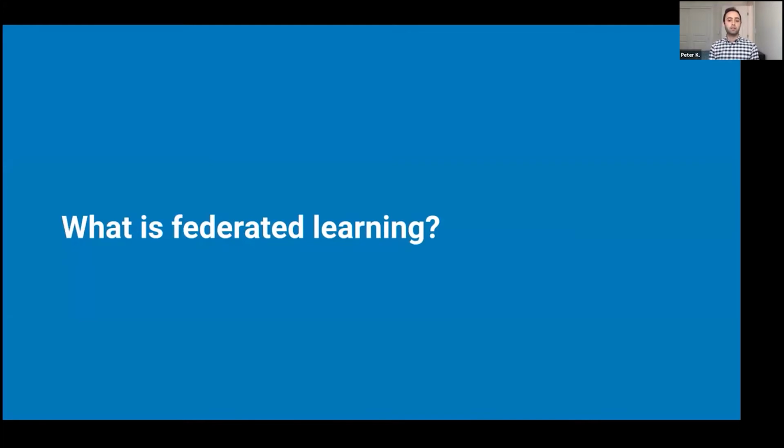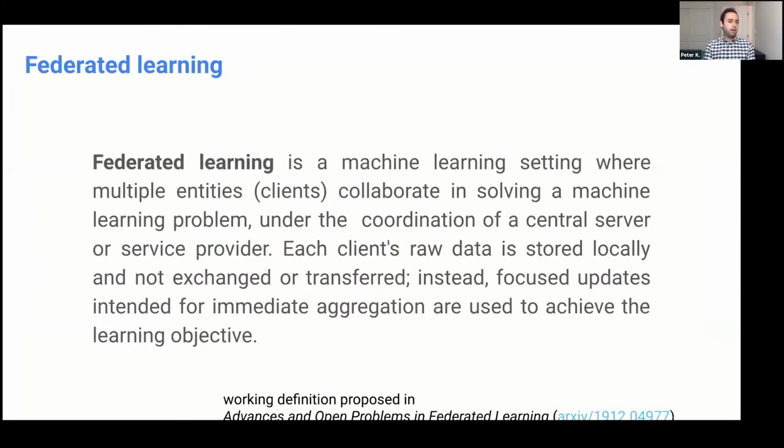So what is federated learning? Federated learning is a machine learning setting where multiple entities collaborate together in solving a machine learning problem. So they want to train this model collaboratively and collectively, but they do it under the coordination of a central service provider. Okay? So there's a server or a service provider that is orchestrating the communication to improve the collaboration between these people.